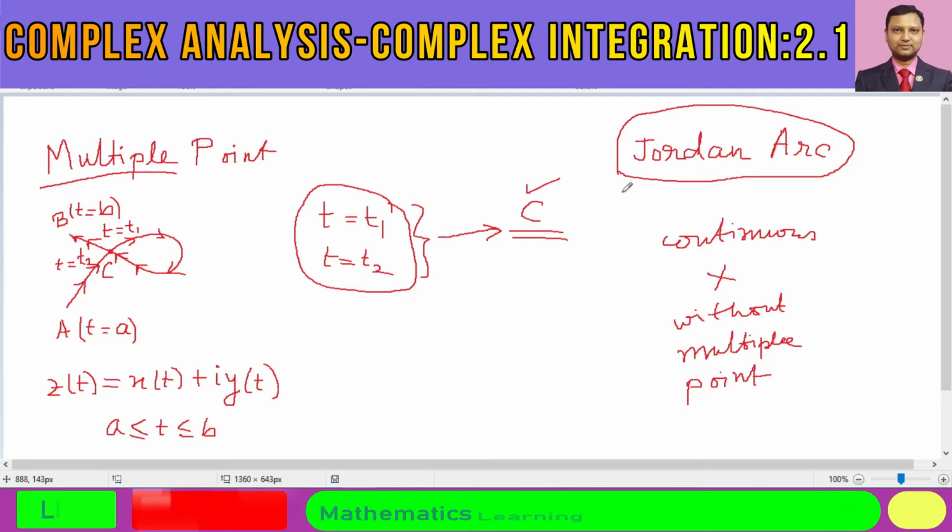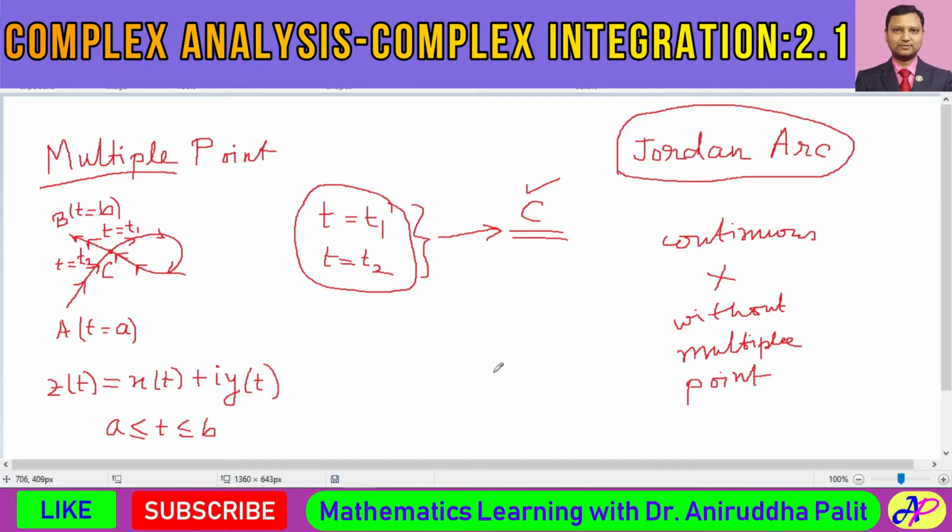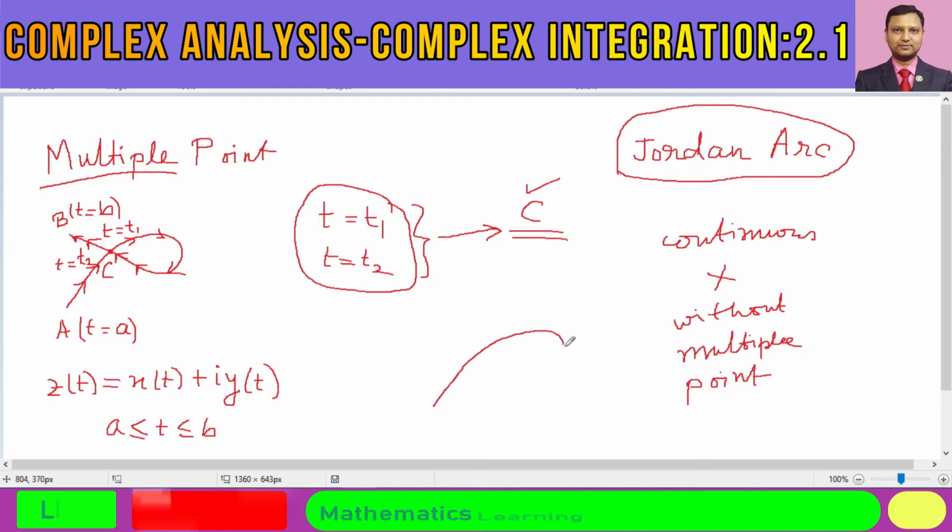So a Jordan curve is actually a continuous curve without any multiple point.